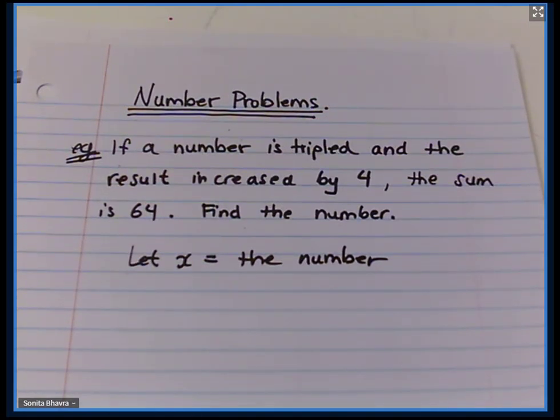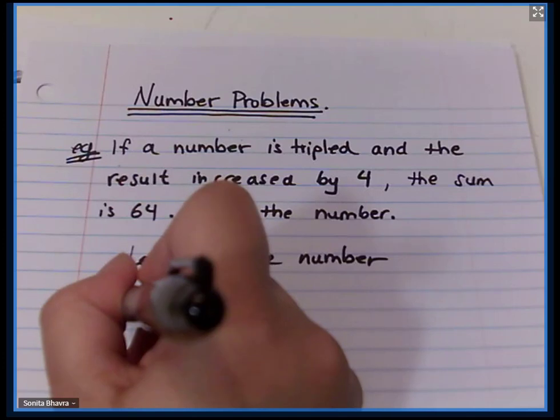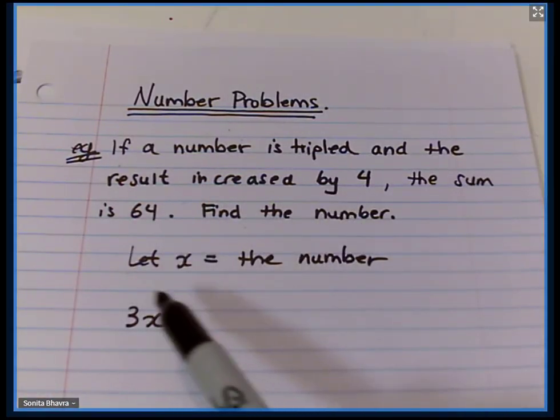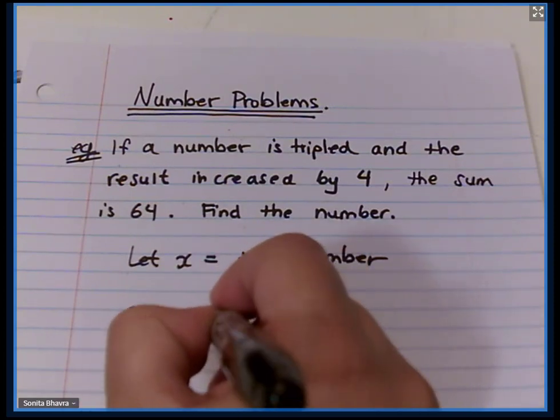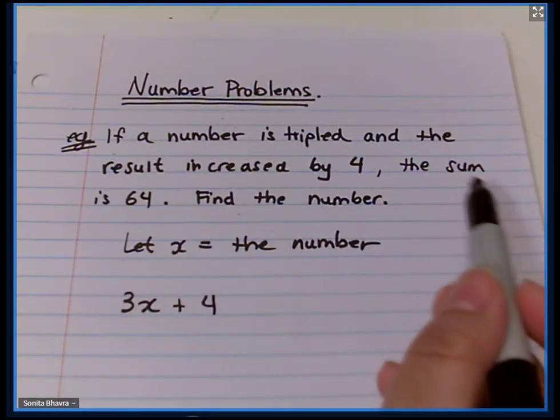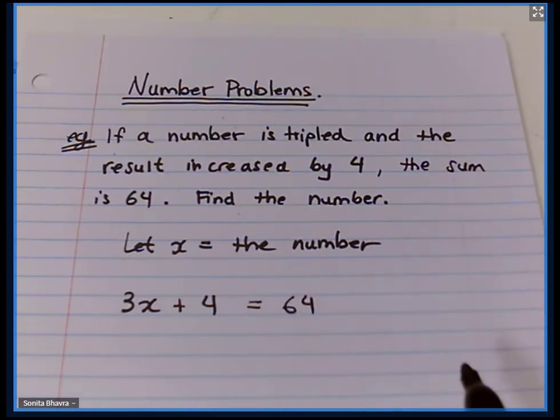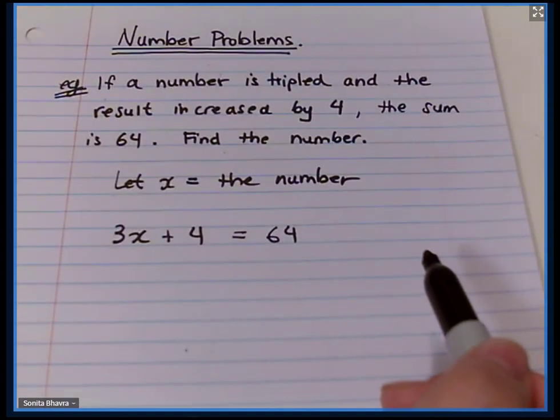If a number is tripled, that would mean 3 times X, and the result is increased by 4, so 3X plus 4. The sum is 64, so we've added them together and our sum is equal to 64. So there's our equation.